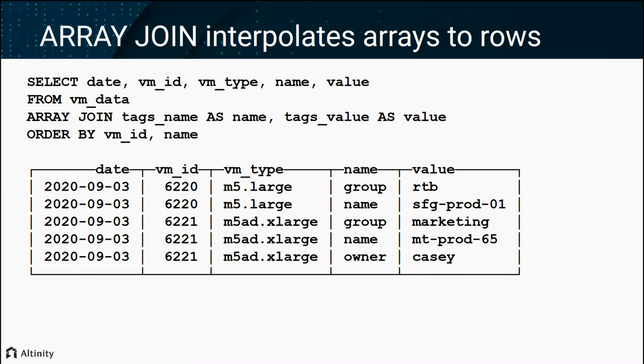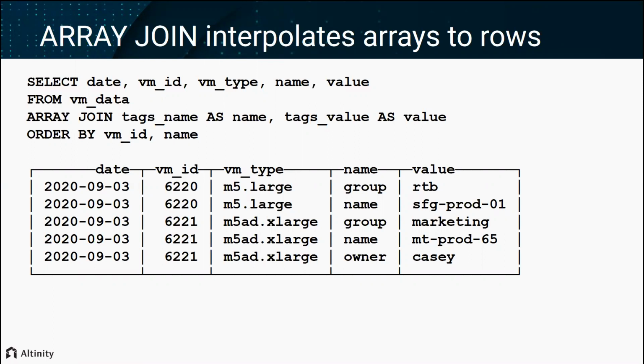So what we're doing here is selecting the header names, and we want to look at tags. We're going to take those tags arrays and use array join, so that we will actually join on the tag's name, and that will turn out, as you'll see from the picture, to be a name column and a value column.